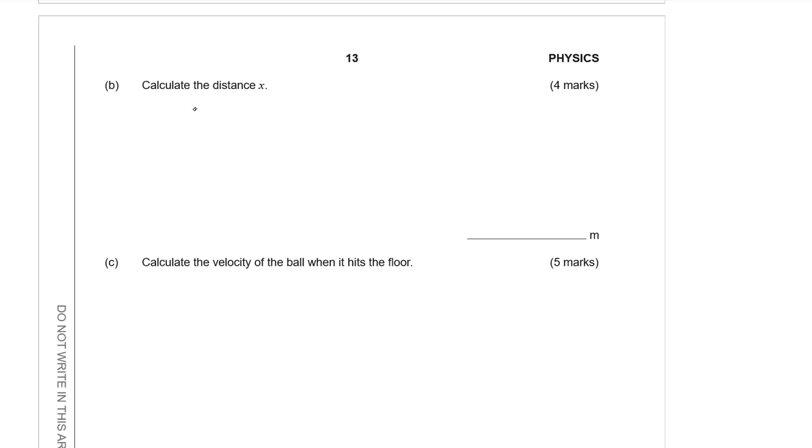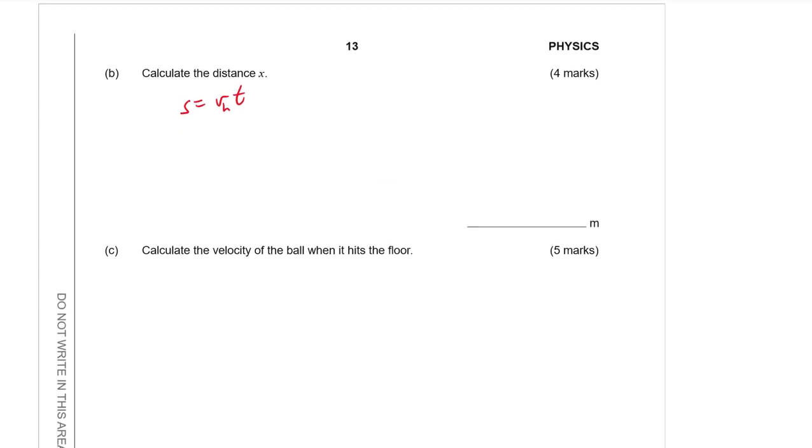To know that, you know that the distance it travels will be equal to the horizontal velocity multiplied by the time that it's in the air for. So you need to solve for the time that it's in the air for. So to do that, vertically speaking, you have S equals a half AT squared.